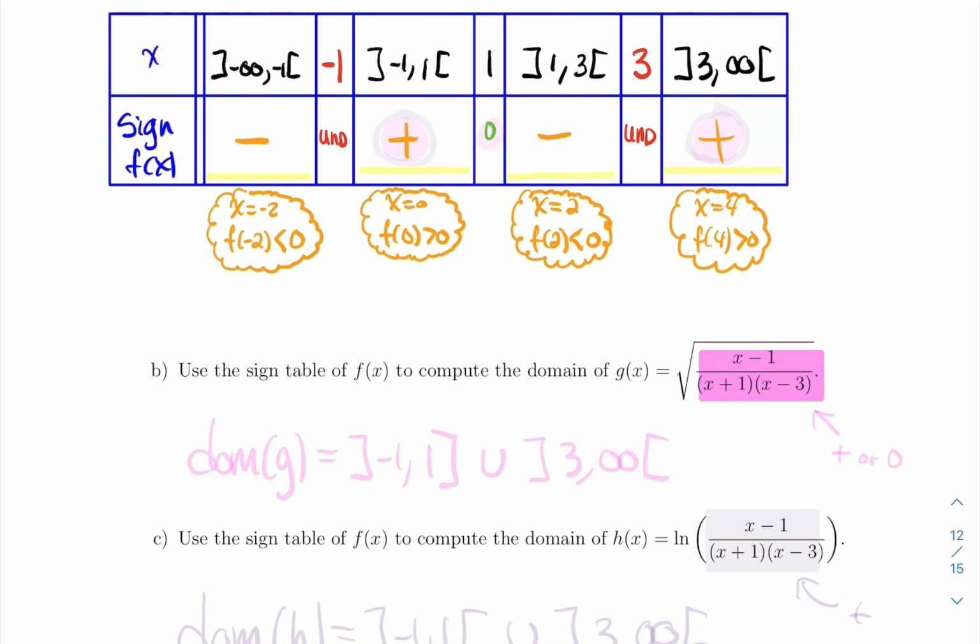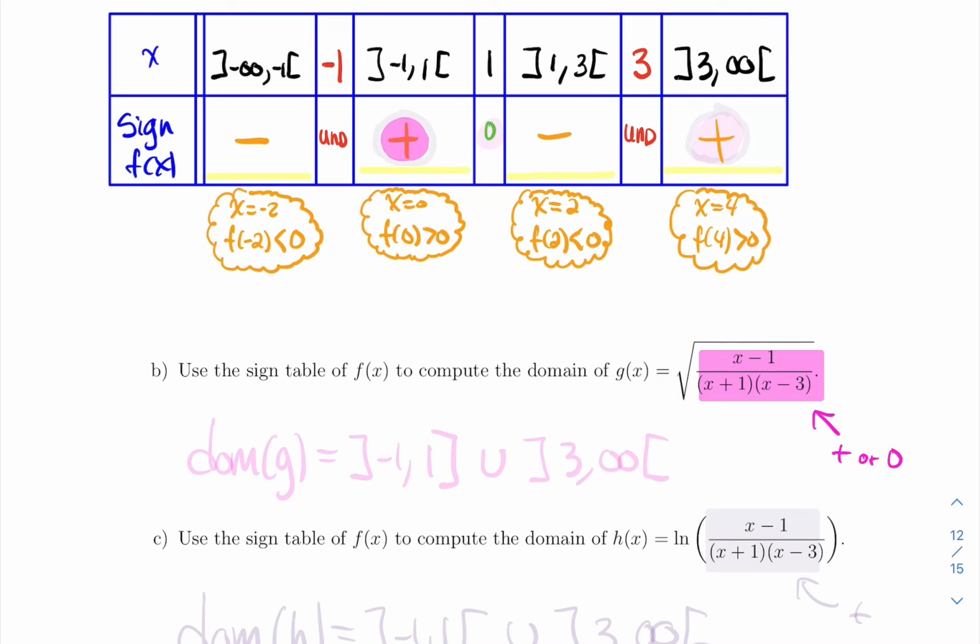Here, what you need to remember is that inside the square root, you can have something positive or something 0, but strictly negative will crash. So in your sign table, you pick what is positive and 0.